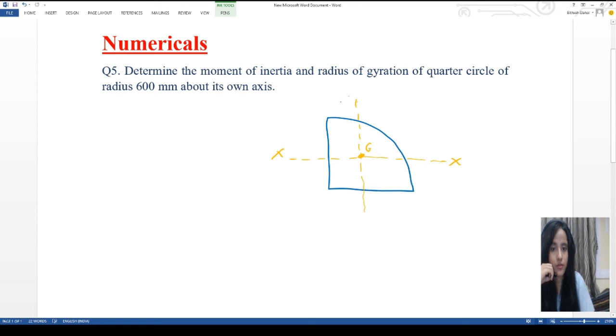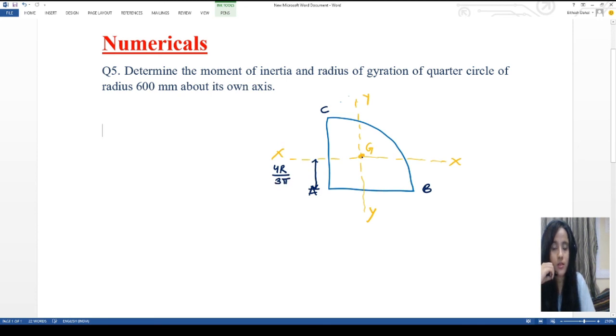Right, so this is my centroid G, this is my y-axis, and if I name this quarter circle as A, B, and C, now AB is my base. From the base till this x-axis where the centroid is lying, this height will be coming equal to 4r by 3 pi.